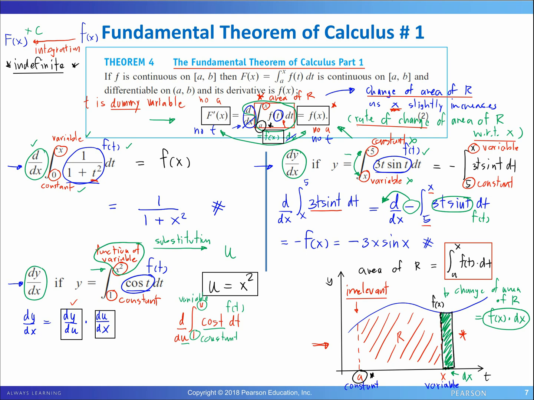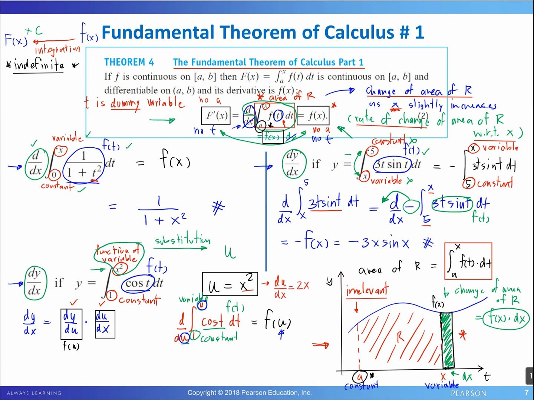So let's use that. This is going to be equal to f of u, because the new variable here is u, right here and right here, so it has to show up right here. What about this one, du by dx? Let's find that. From u equal to x squared, we know that du by dx has to be equal to 2x.